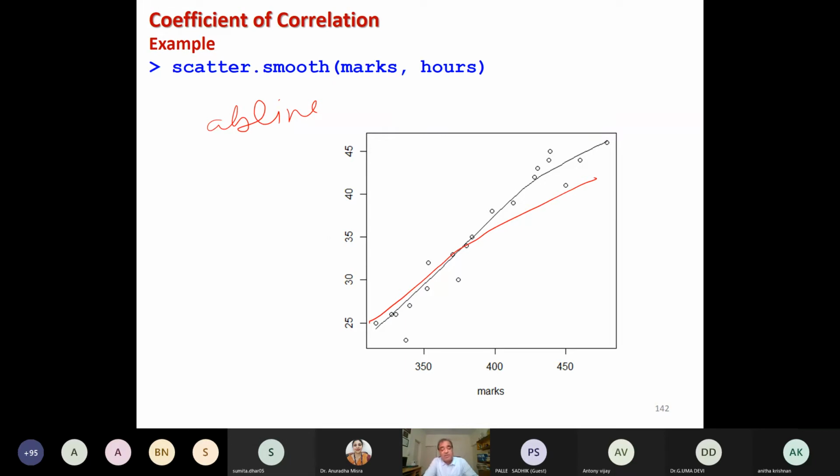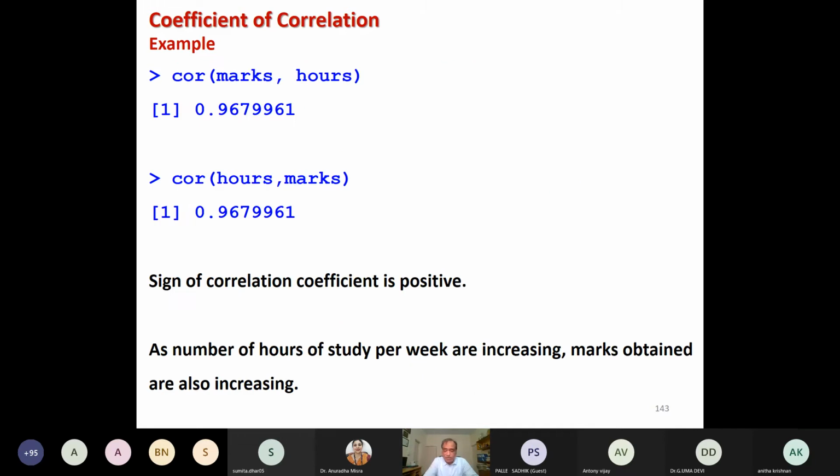But I'm not discussing it here, because otherwise you will ask me what the basic philosophy behind this line is and how you computed it. So I'm not doing it here, but it's not difficult. In this case, if you find the correlation coefficient between marks and hours, it comes out to be 0.996.